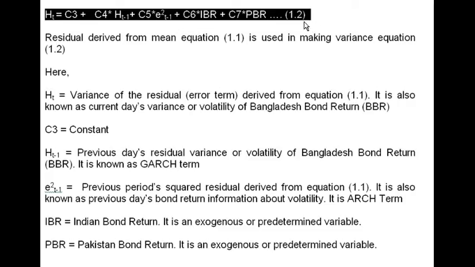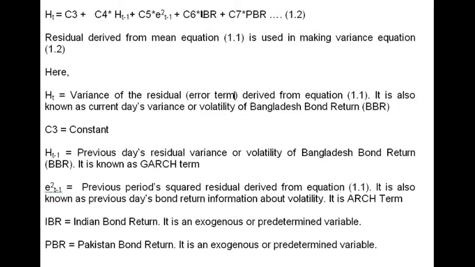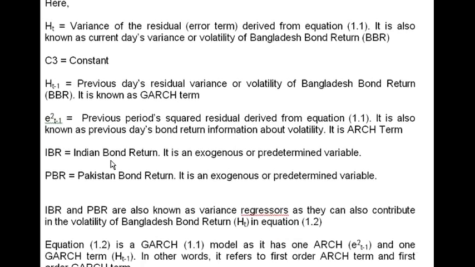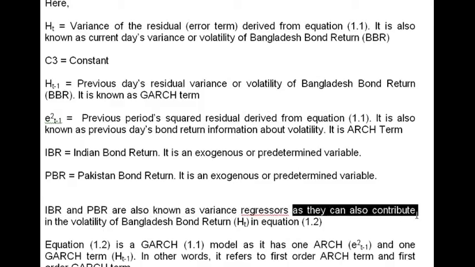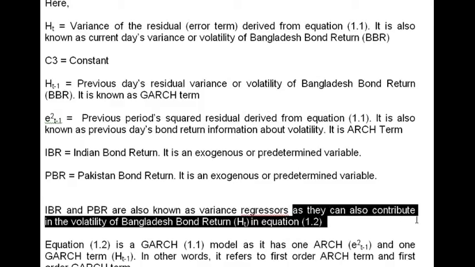And here you know that IBR and PBR are also known as variance regressors, as they can also contribute to the volatility of Bangladesh bond return in equation 1.2.